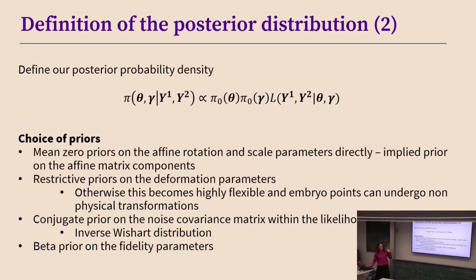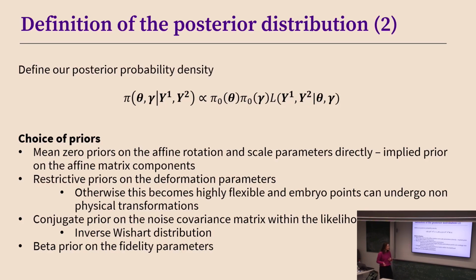I'm skipping huge amounts here, but we can construct our posterior probability density just using Bayes' theorem. I've omitted part of the normalization constant, which is dependent on the fidelity parameters that we have, but the same concept stands. So we have to define our priors on our transformation parameters as well as our fidelity parameters here. For the affine parameters, these are very standard.